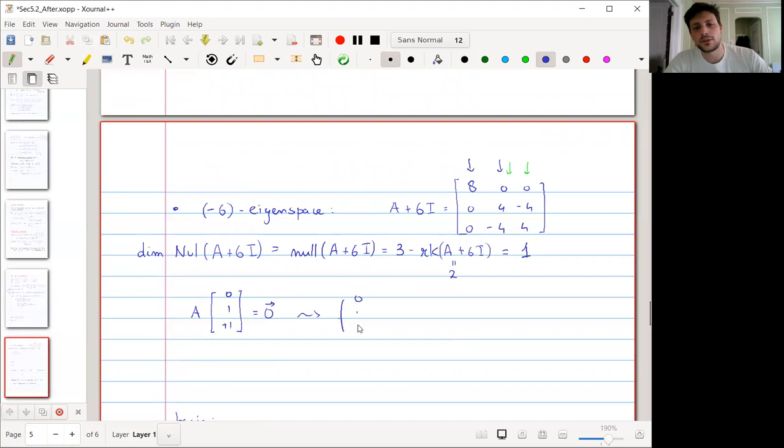So the vector 0, 1, 1 belongs to the null space of A plus 6i, but since this null space is dimension 1, 0, 1, 1 is a basis of that null space, which is the -6 eigenspace.